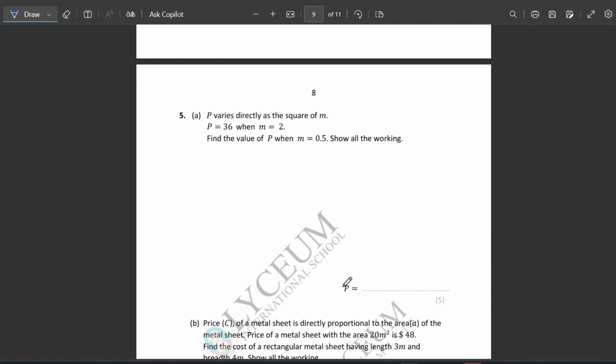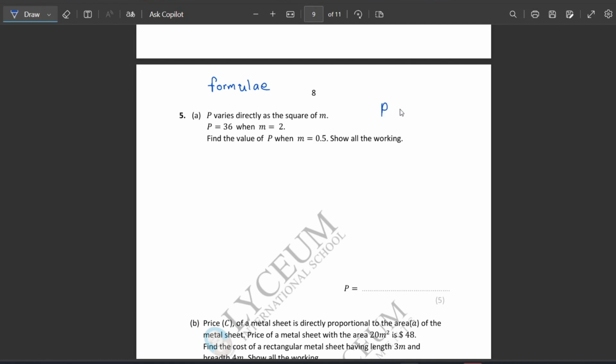Okay, in the fifth one, this is from the formulas lesson. P varies directly as the square of m.